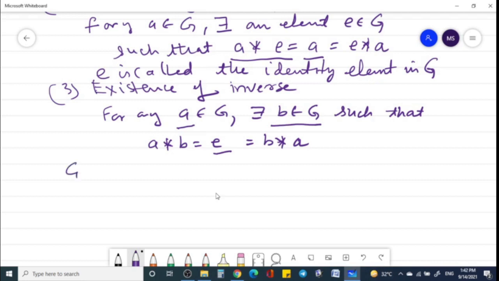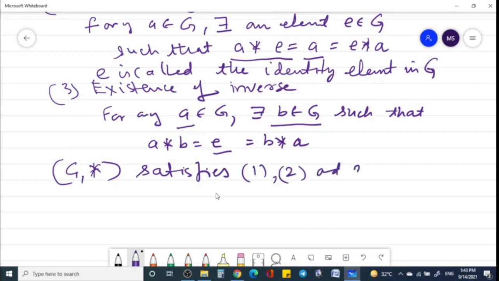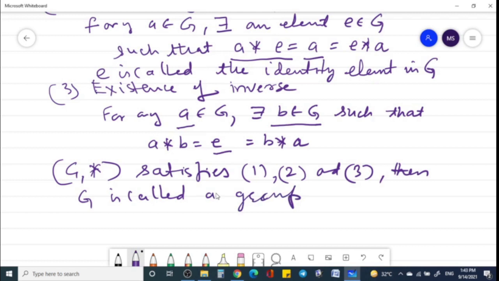So if G is a non-empty set together with a binary operation satisfying associativity, existence of identity element and existence of inverse, then this pair is called a group.